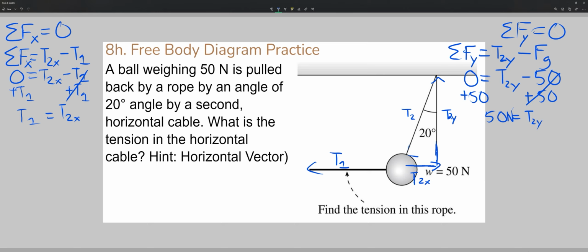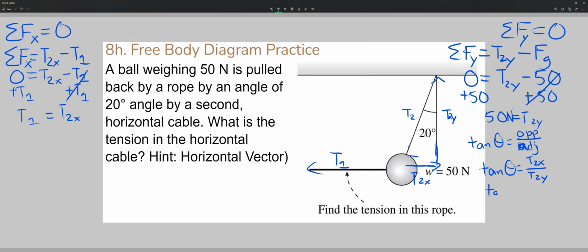But we have to use trig. For us to get T2x, we must use tangent. Tangent theta is opposite over adjacent. My opposite is T2x, and my adjacent, in reference to the angle itself, is T2y.